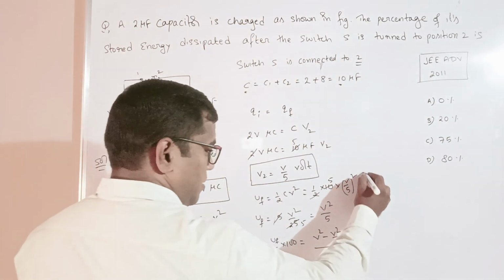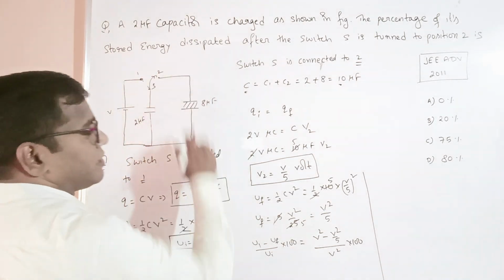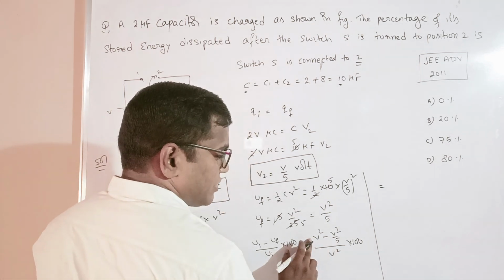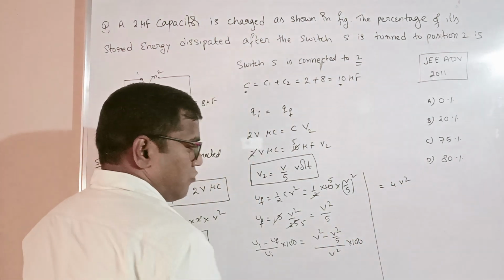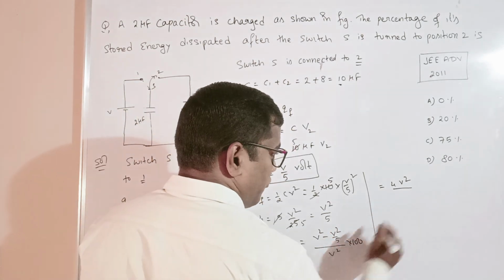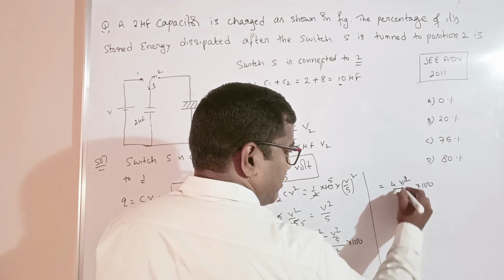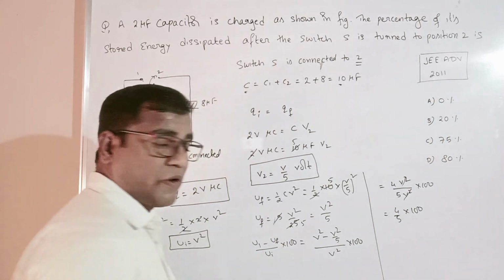The energy dissipated is 5 V square minus V square, that is 4 V square, by 5 V square into 100. V square cancels, leaving 4 by 5 into 100.